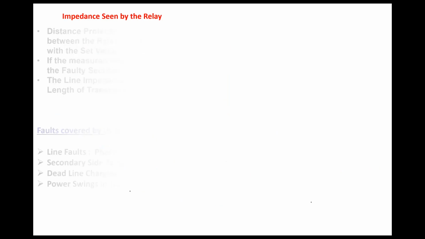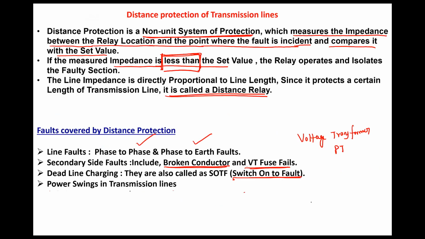He has clearly told here, if you observe the first sentence carefully: a distance relay measures the impedance between the relay location and the point where the fault has occurred, and it compares it with the set value.